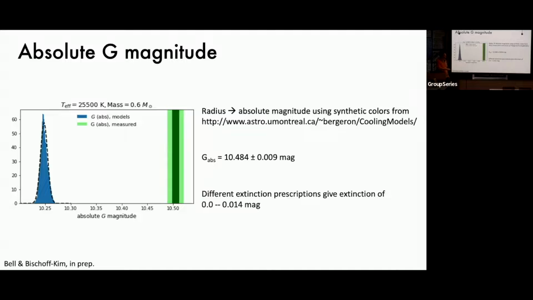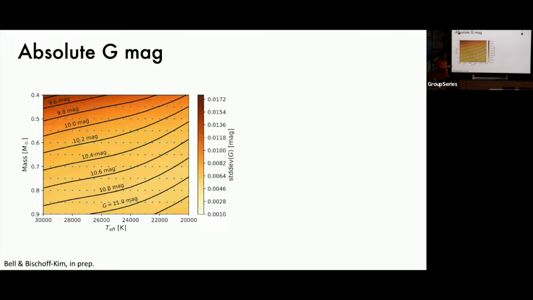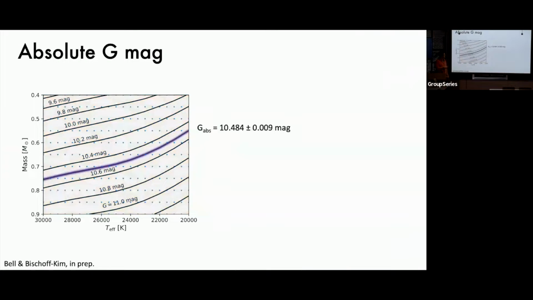Here I'm including the effect of our uncertainty on extinction. These vary monotonically across the grid as well and smoothly, and so we can interpolate this also. And we can get a very fine constraint on where the absolute magnitude of our star places it in parameter space. These contours traverse the parameter space in the opposing direction of the mean period spacing contours.